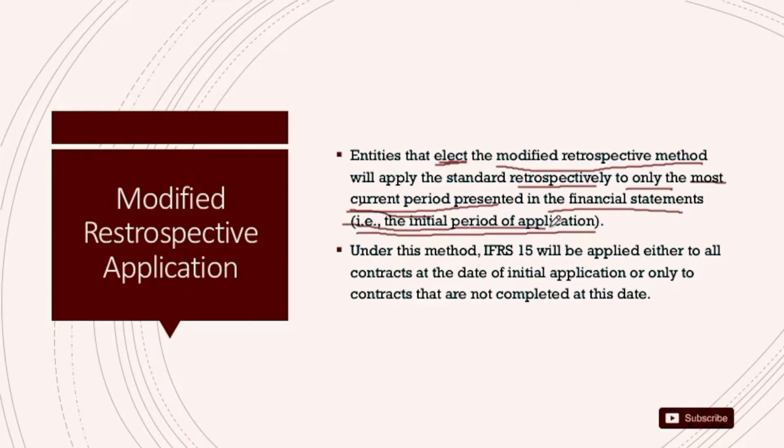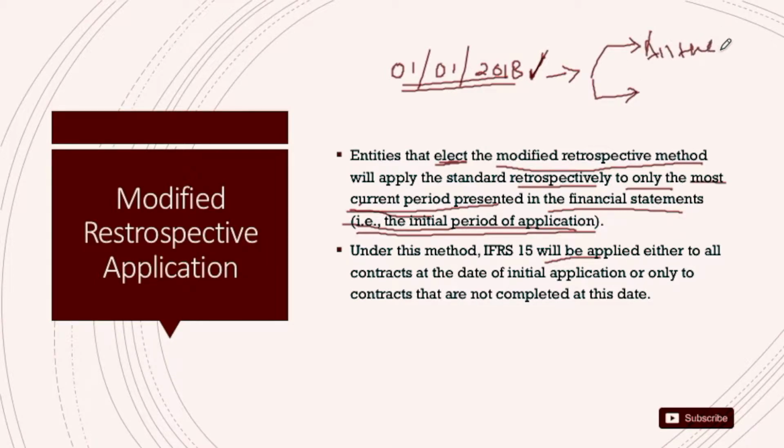Generally, we take it as the date of initial application, which means suppose we apply the standard on 1st January 2018. So the requirements of IFRS 15 will be applicable from 1st January 2018, and IFRS 15 will be applied, which means two options, either to all the contracts at the date of initial application, or only to the contracts that are not completed.